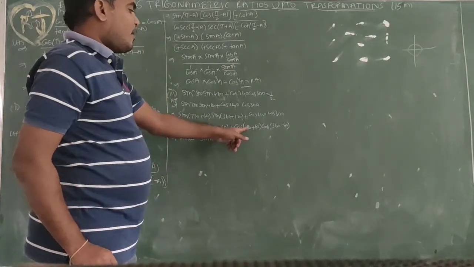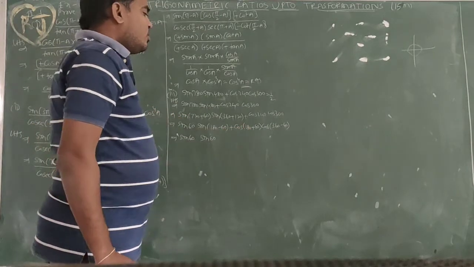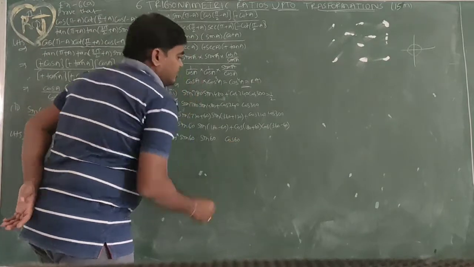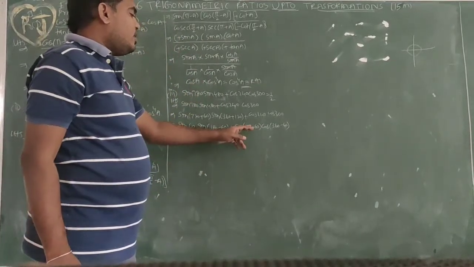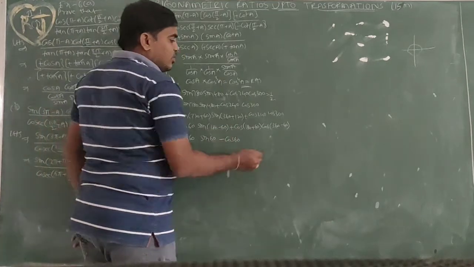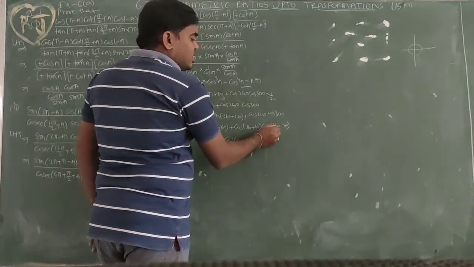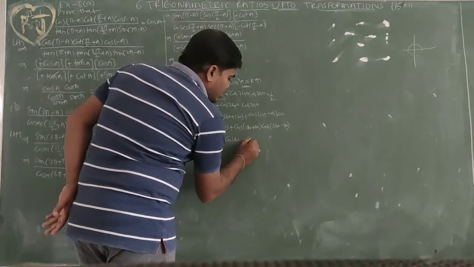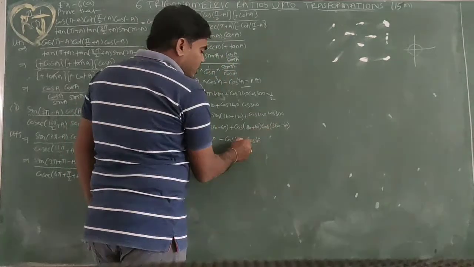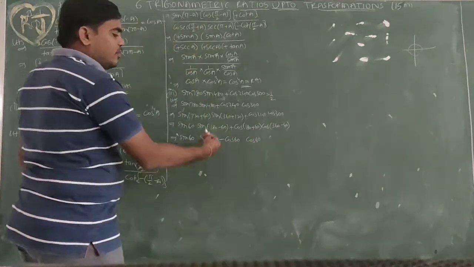Since it is 180, cos will become cos 60. So third quadrant, 180 plus, third quadrant cos is negative, minus into plus, minus. So next, for 360 cos will become cos 60. In the fourth quadrant it is positive, so I am taking it as positive simply.